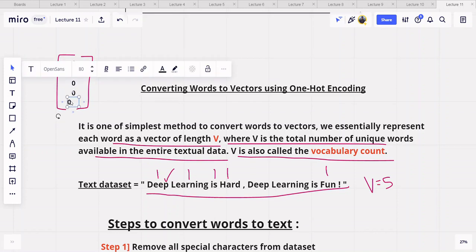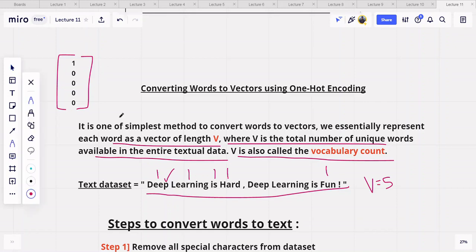Now if you look at its length, this vector has five digits, five different numerical values. This vector represents the word deep.